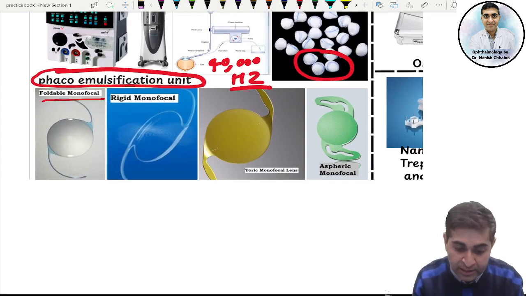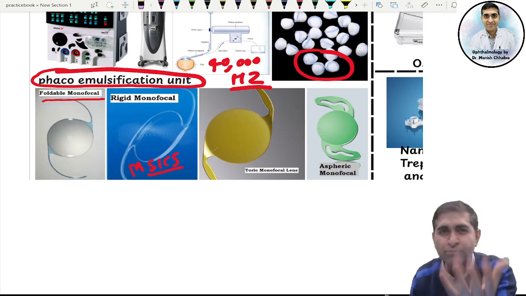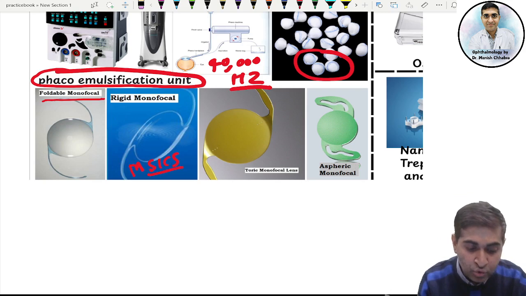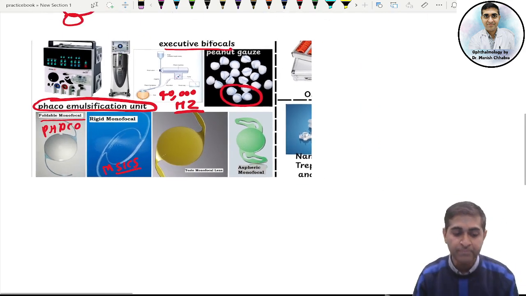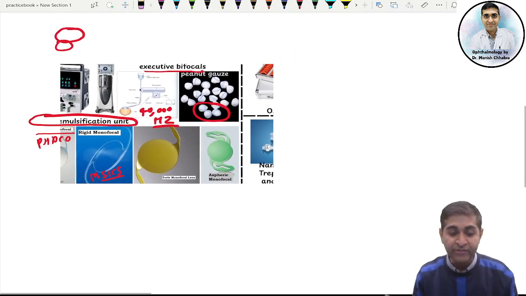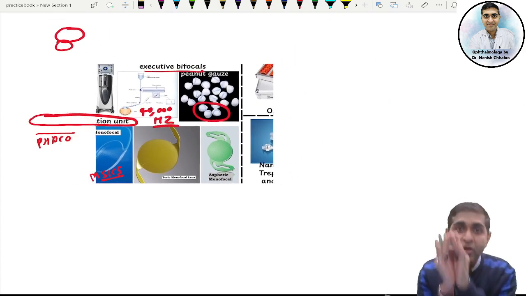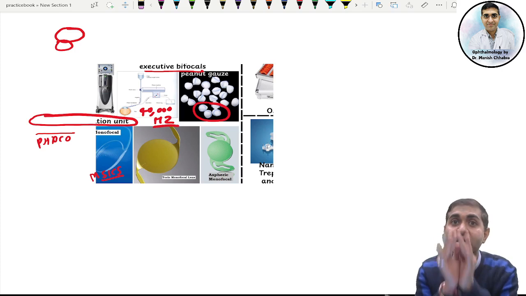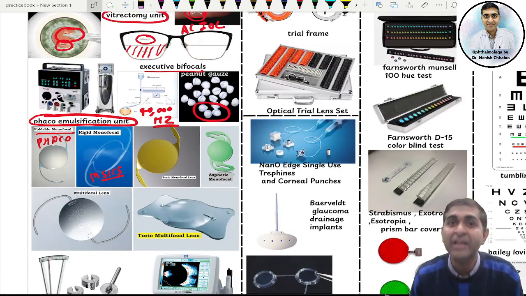Rigid monofocal, you can use this in SICS, manual small incision cataract surgery, or extracapsular cataract extraction, which is conventional. But foldable, you use in phacoemulsification. Now the length of incision in phacoemulsification is 2.8 to 3.2 millimeter, while in extracapsular cataract extraction it is 10 to 11 millimeter.